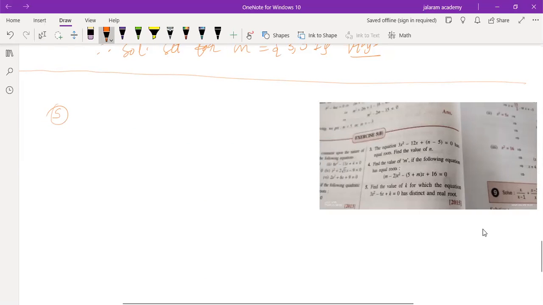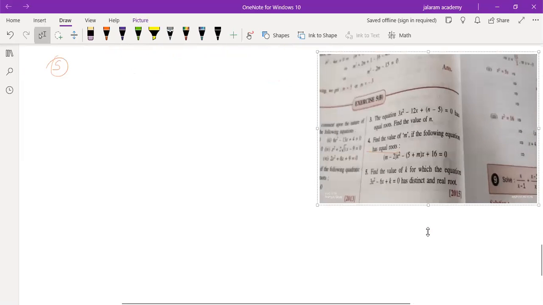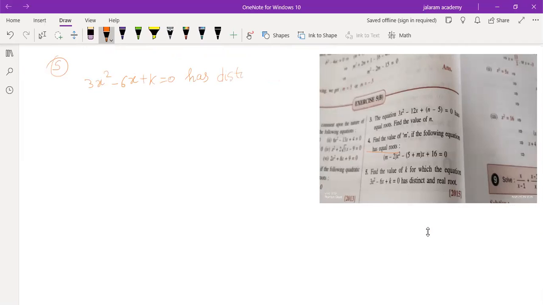Now find the value of k for which the equation 3x square minus 6x plus k equals 0 has distinct and real roots. Means it is given 3x square minus 6x plus k equals 0 has distinct and real roots.